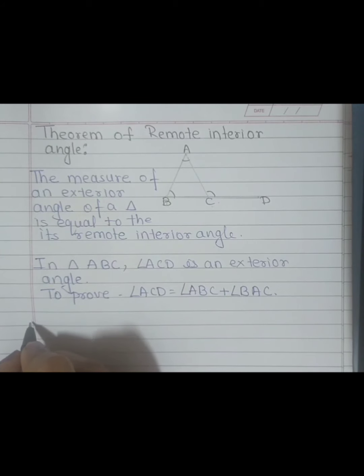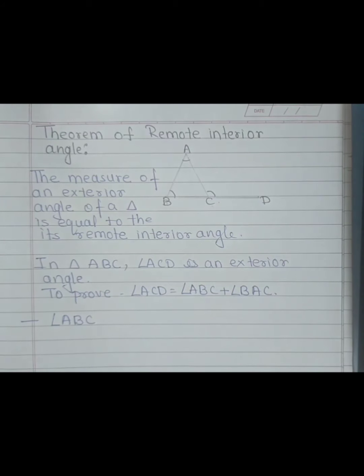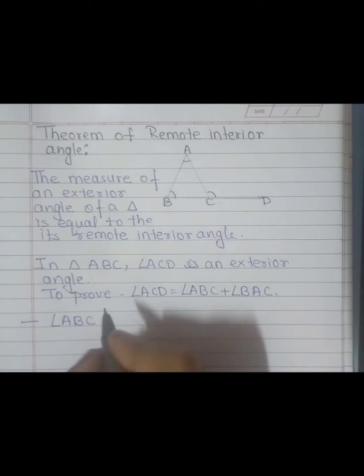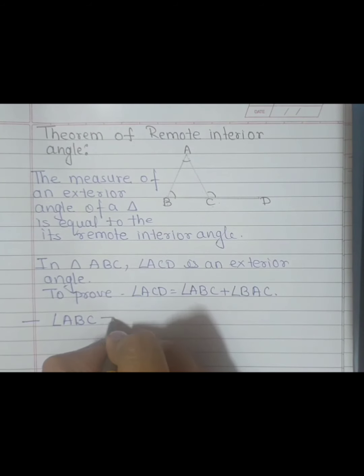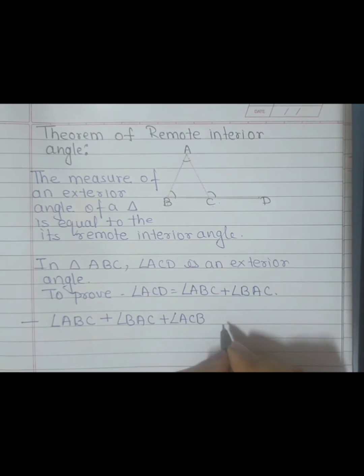We'll start with solution. So here angle ABC plus angle BAC, okay, plus angle ACB, okay, is equal to 180 degree.